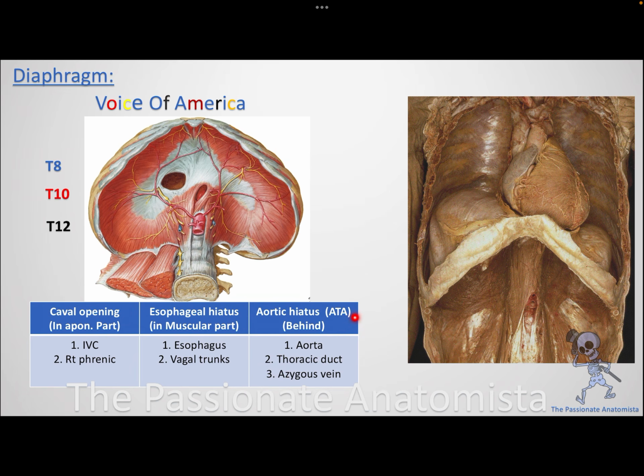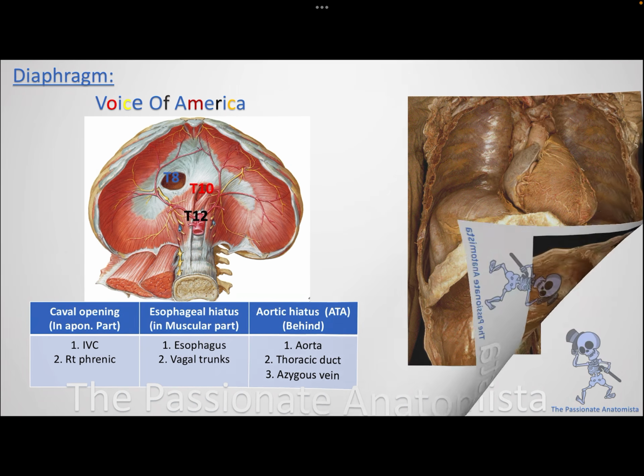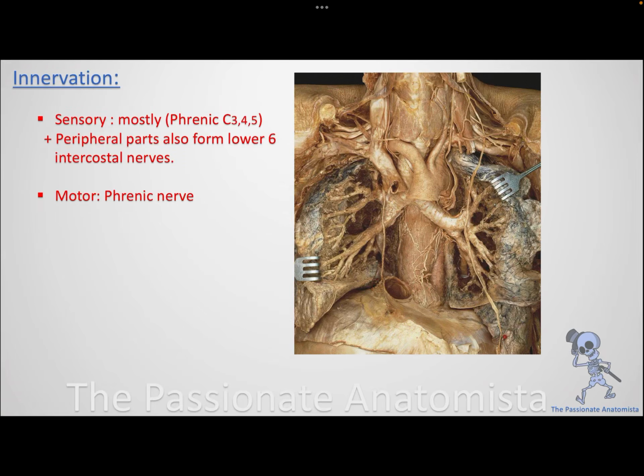Okay, so caval with phrenic, esophagus with vagus in the muscular part, and then the ATA structures in the aortic hiatus: the aorta, the thoracic duct, and the azygos vein. All right, so this is T8, this is at the level of T10, and this is at the level of T12.